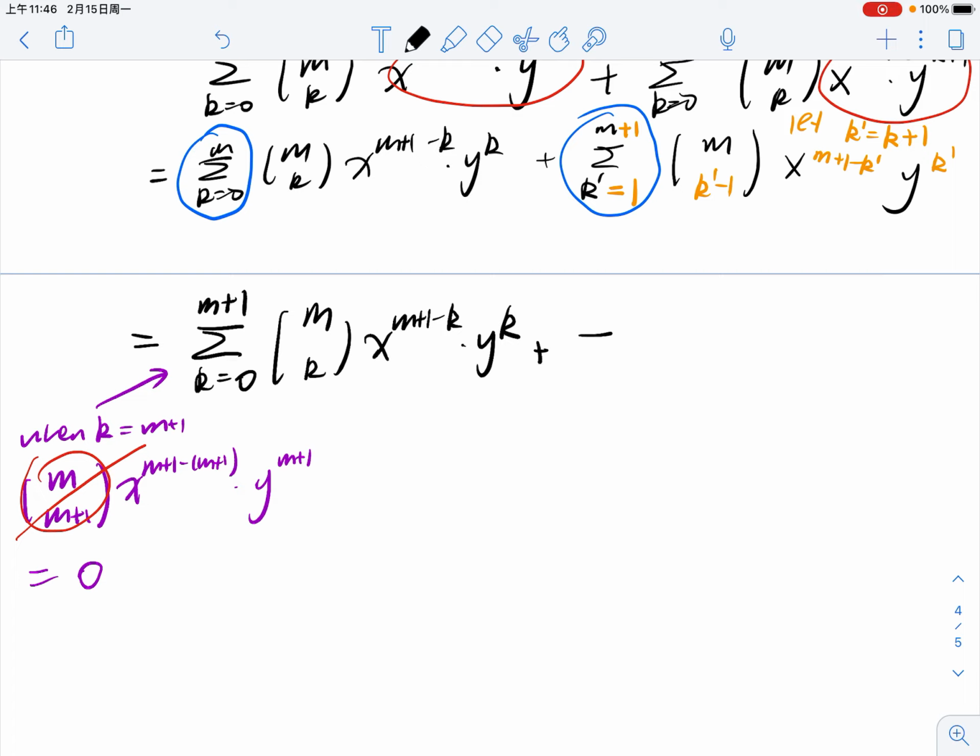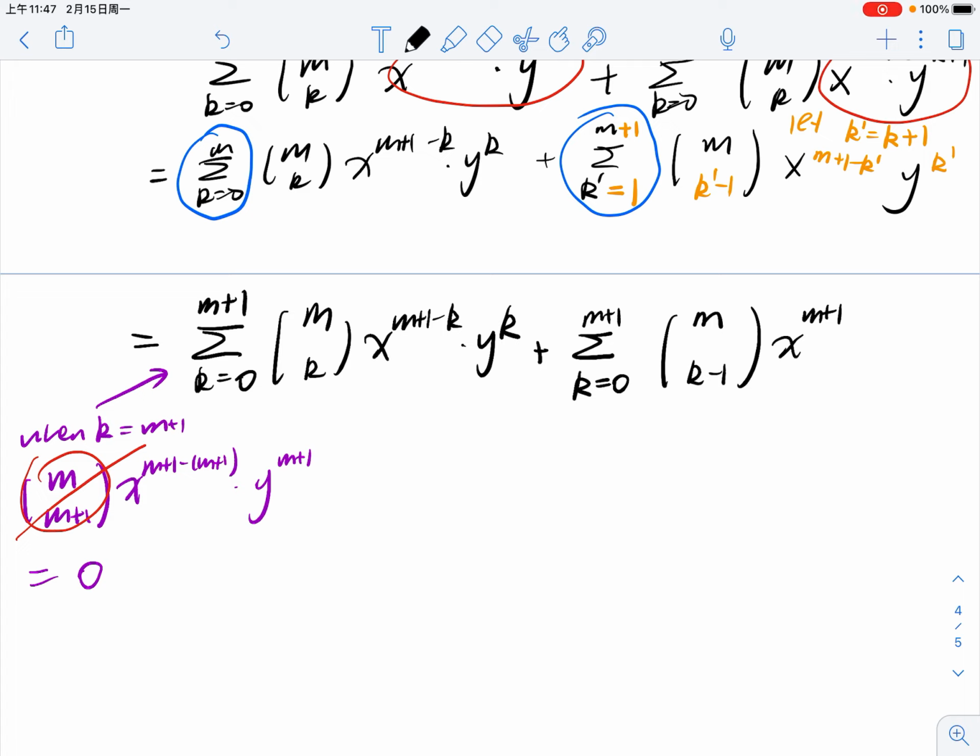And similarly, for k prime, you can extend from 1 to 0. Okay, and for simplicity, we rewrite k prime as k. Okay, if you first time met this technique, probably you will get confused why we have k and k prime, then you get k back.